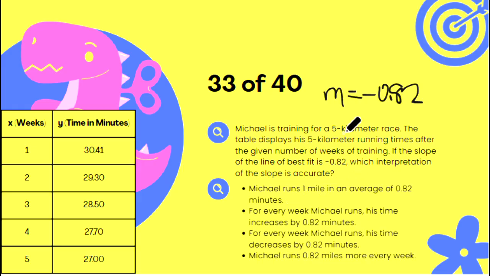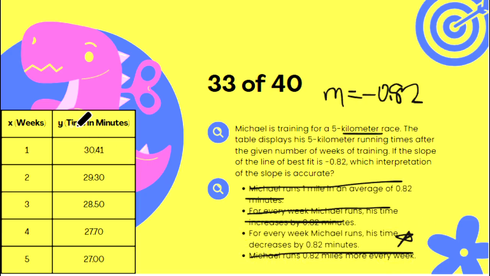He's running kilometers, not miles, so no. For every week Michael runs, his time increases by 0.82. Now this is a negative, so it's going to go down. For every week Michael runs, his time decreases by 0.82. Yes. Michael runs 0.82 miles more every week. No, we're dealing with time and weeks, not how many miles.